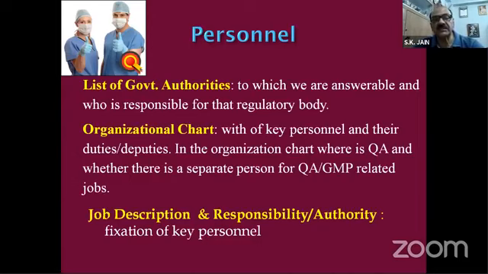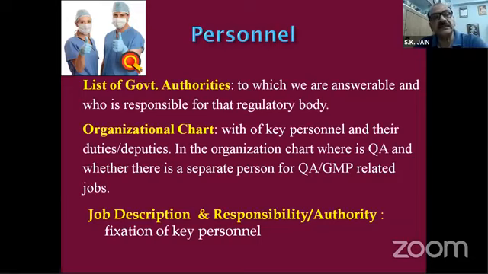And the organizational chart: every pharma industry should have an organizational chart with the key personnel and their duties and deputies. In the organizational chart, where is quality assurance, and whether there is a separate person for quality assurance or GMP related jobs. Job description, responsibility, authority: we must fix these for the key personnel, describing the job and responsibility for the personnel working in the pharma industry.